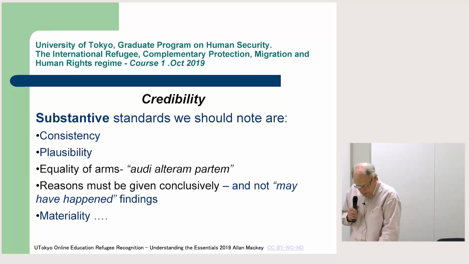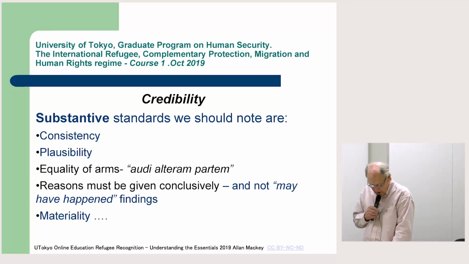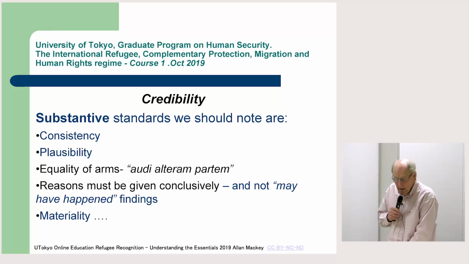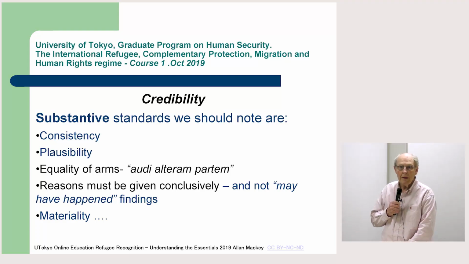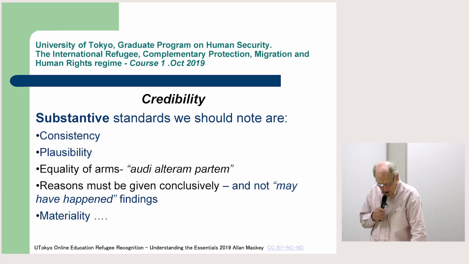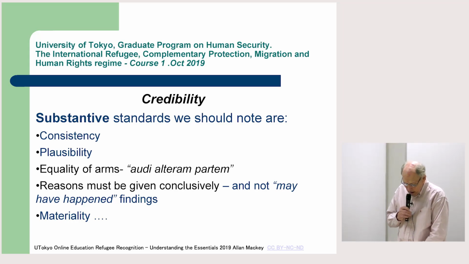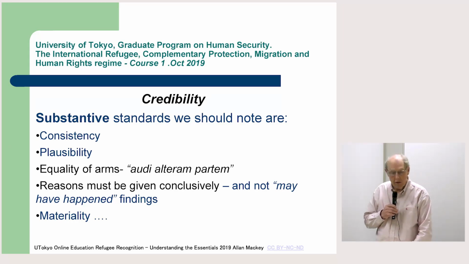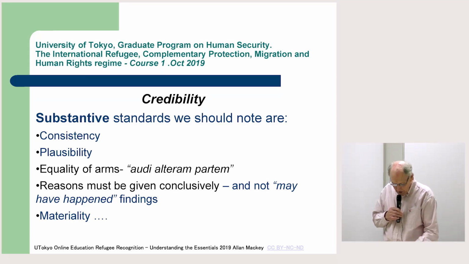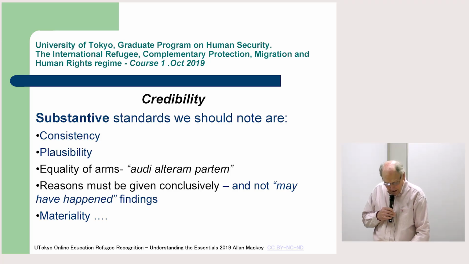Consistency. Claims should be presented by claimants in an internally and externally consistent manner. All right? If they're not, you have cause for debate. So the effect on credibility of material inconsistency or discrepancy must be clearly explained to claimants, and they must be given the chance to respond. That was the fairness we're talking about. The response given by the claimant should be taken into account.